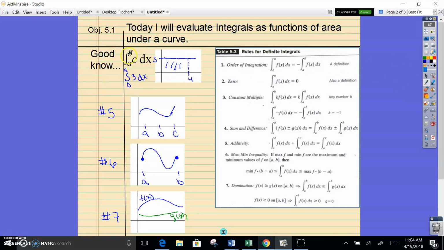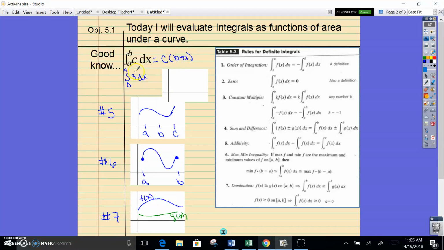So to write that down, the integral from a to b of c dx is going to equal the width of the interval times c, or c, the constant, times the width of the interval, which is b minus a.